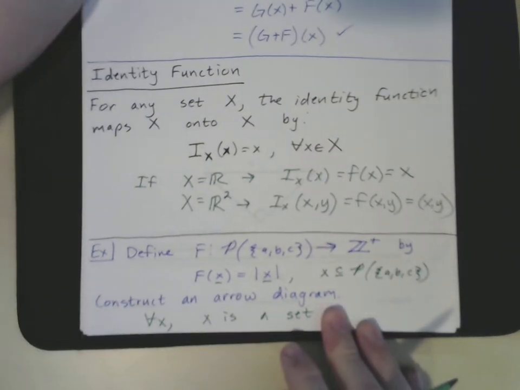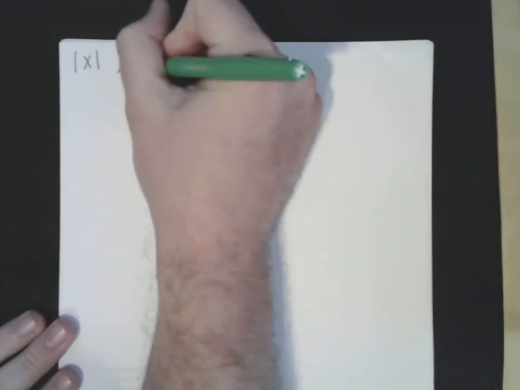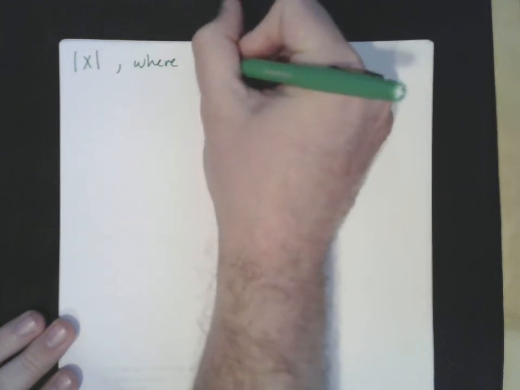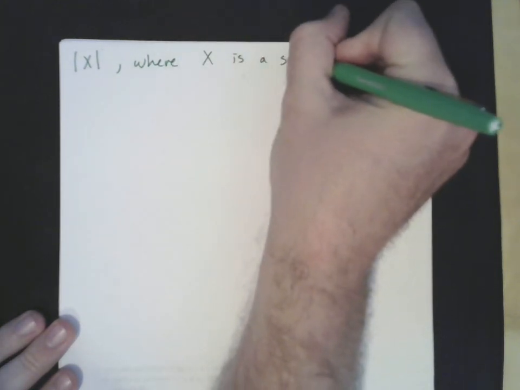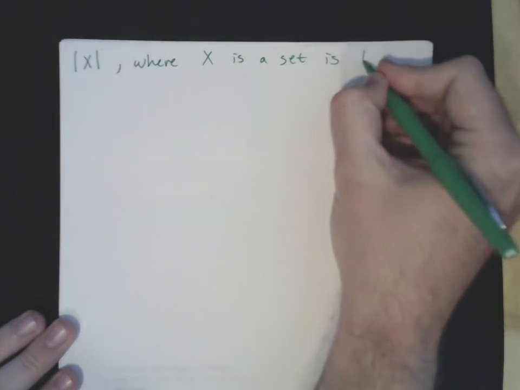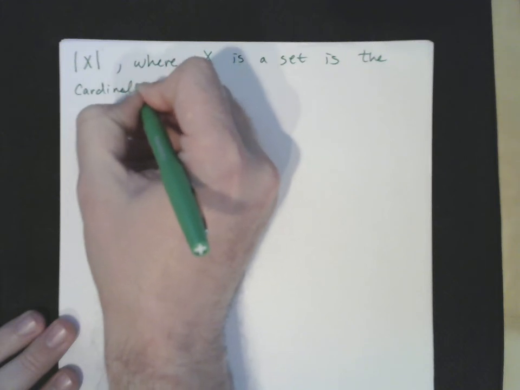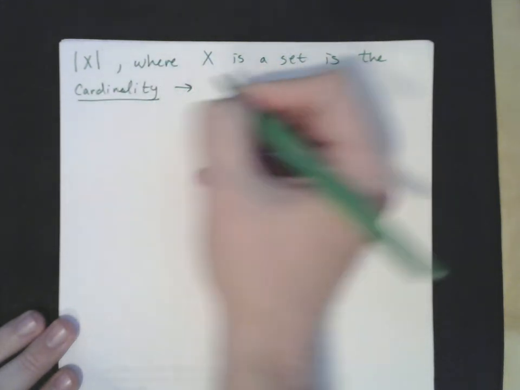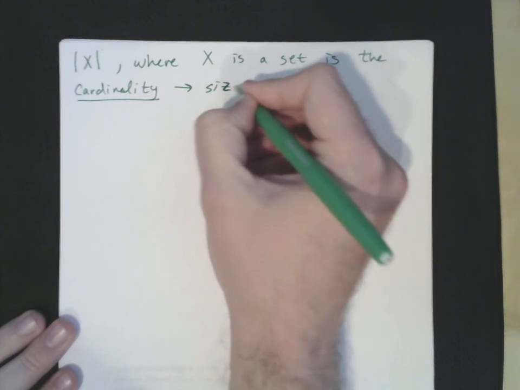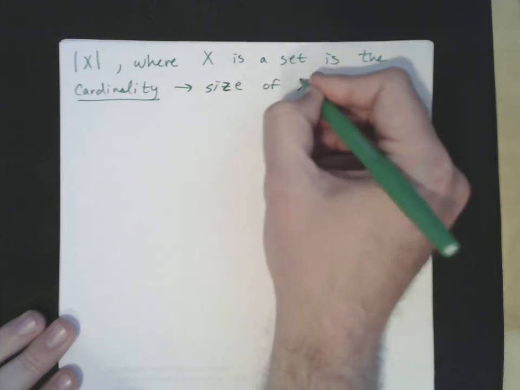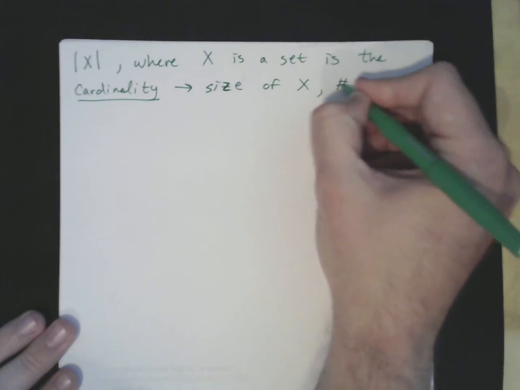Now, what absolute value does when we're talking about sets, we're going to get into a lot more at the end of the chapter to do some fun proofs with it and some problems. But for now, the absolute value of a set x, where x is a set, is the cardinality, which is just the size of x, so the number of elements.